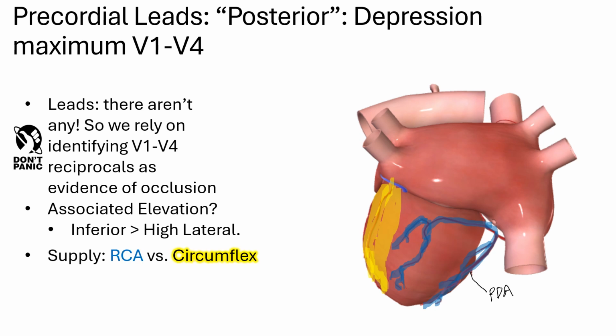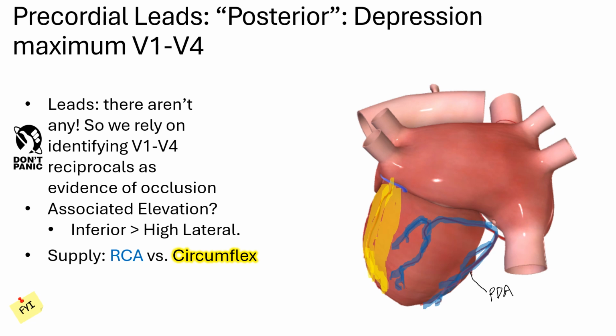The supply is the right coronary artery versus the circumflex artery. You can see the right coronary artery and its big branch, the PDA, on the right in blue, and then you can see a branch of the circumflex on the left in yellow highlighting.